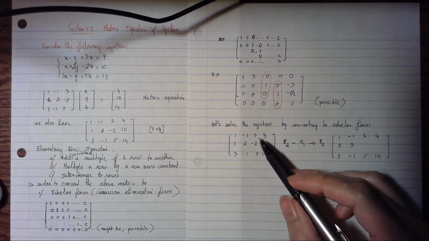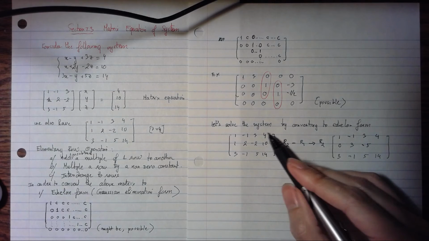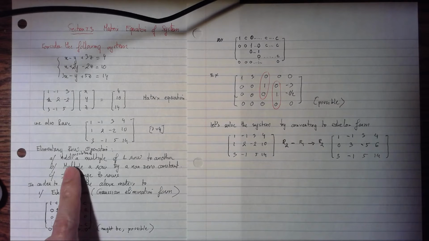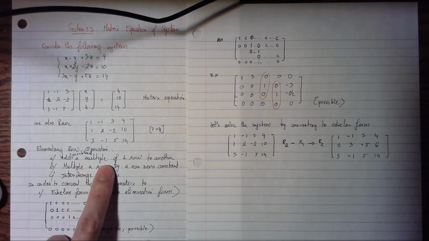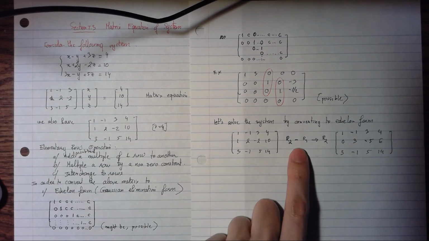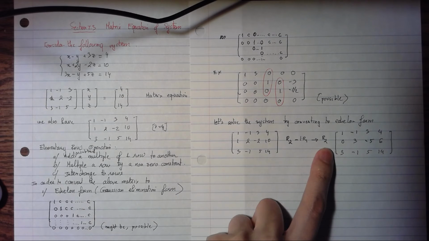Negative 2 minus 3, negative 5. 10 minus 4, 6. Here you go. So I just have a new row 2 by using the first way, add or subtract a multiple of one row to another. Add or subtract a multiple over here, because this is one time of one row to get a new row.